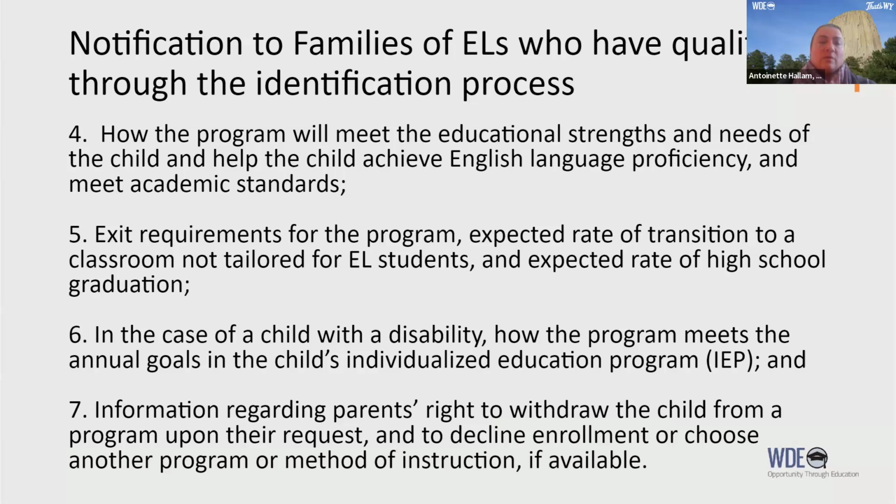And the last one is information regarding parents' rights to withdraw the child from a program upon request and to decline enrollment or choose another program or method of instruction. Just to note for number 7, if a family member declines the EL program and services, that still requires the child to participate in the annual assessment. There's no opt-out for that.